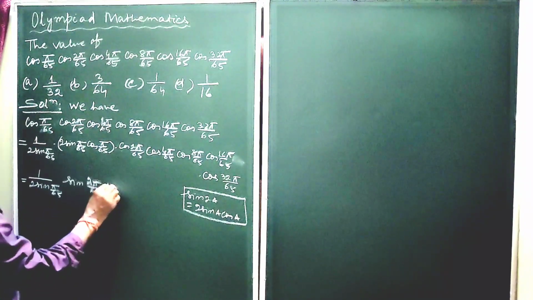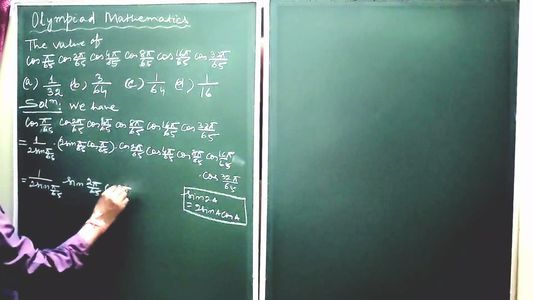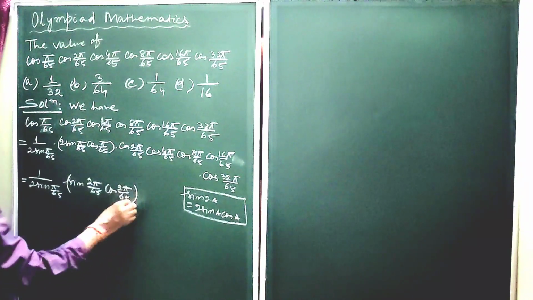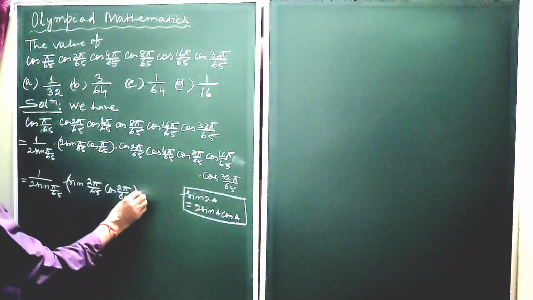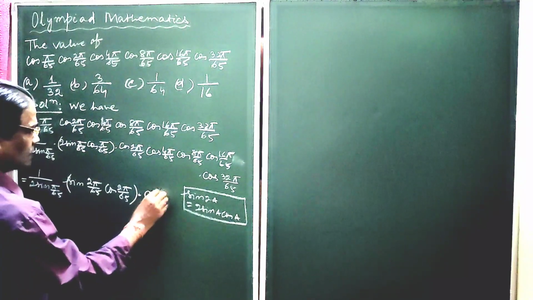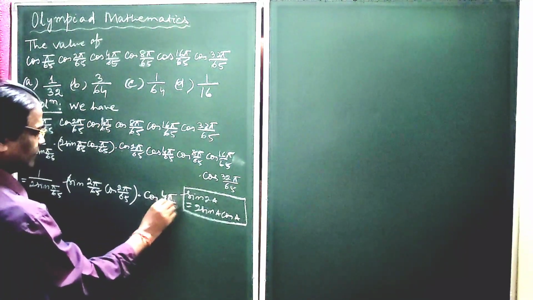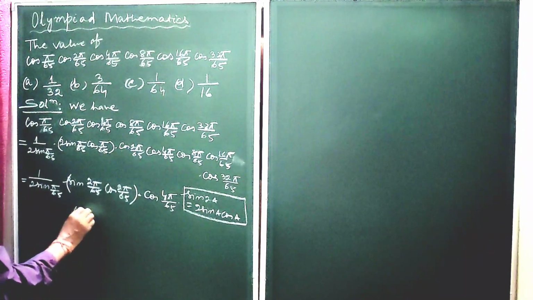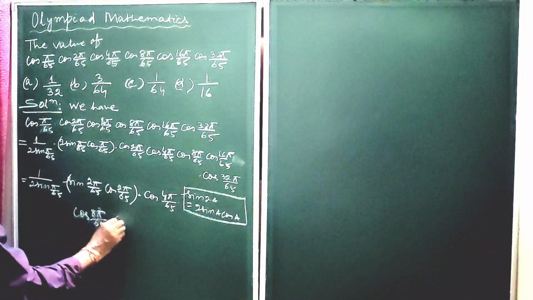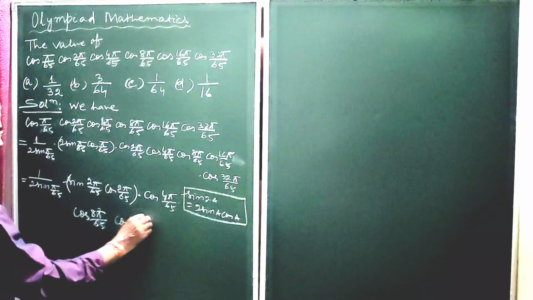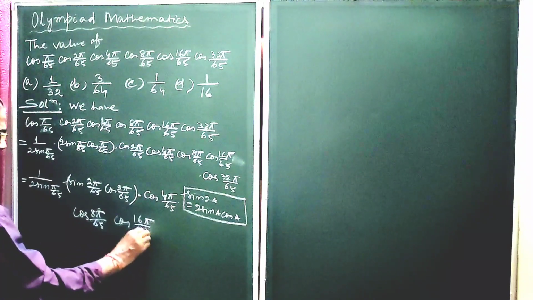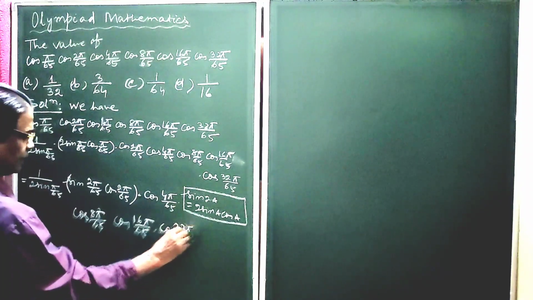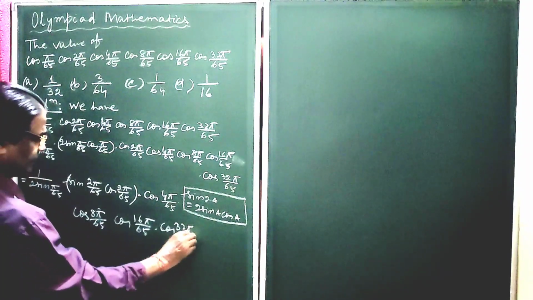Into cos of 2 pi by 65 into cos of 4 pi by 65 into cos of 8 pi by 65, cos of 16 pi by 65 into cos of 32 pi by 65.